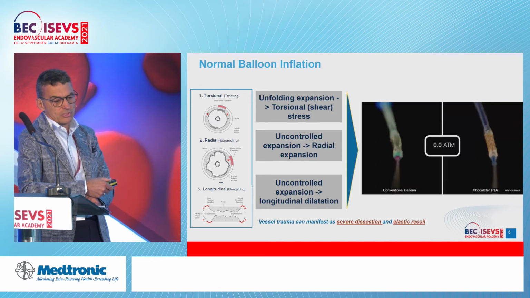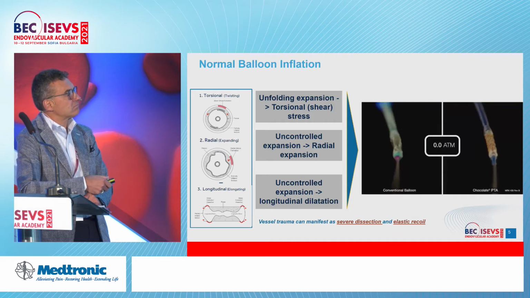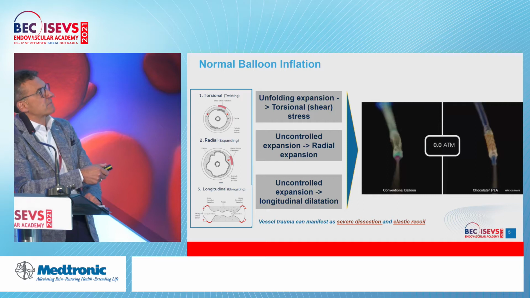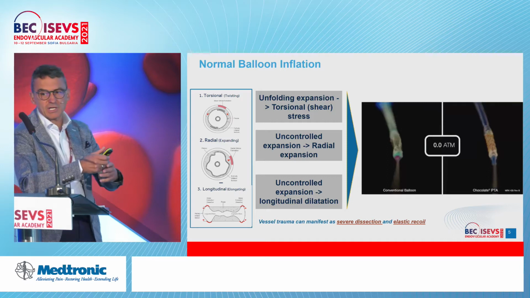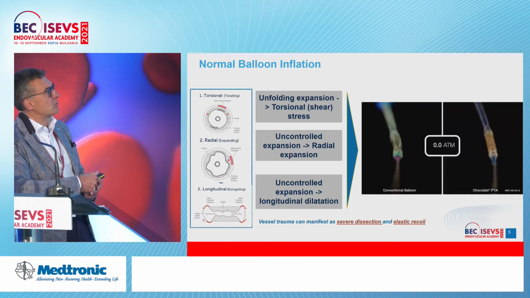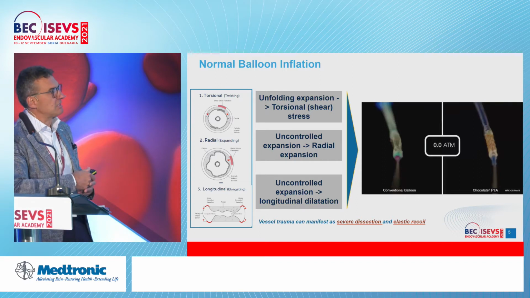Regarding new technology, with normal balloon inflation, as shown here, there are several non-beneficial mechanisms. There is unfolding expansion, and the shear stress is uneven all along the balloon itself. There is a radial and longitudinal expansion, and the longitudinal expansion causes the so-called shoulder effect.